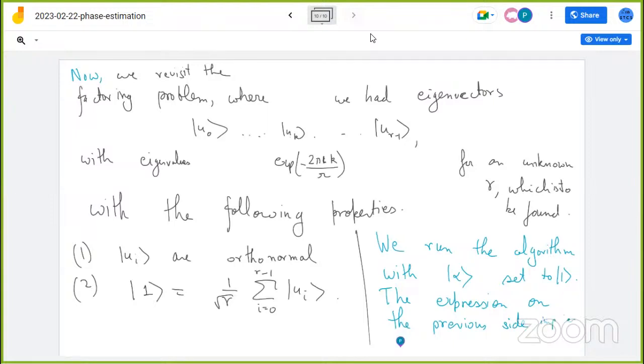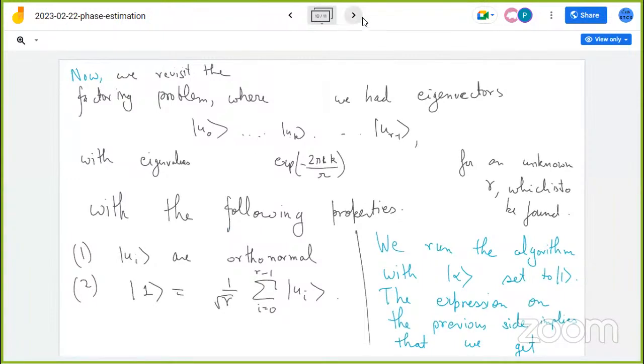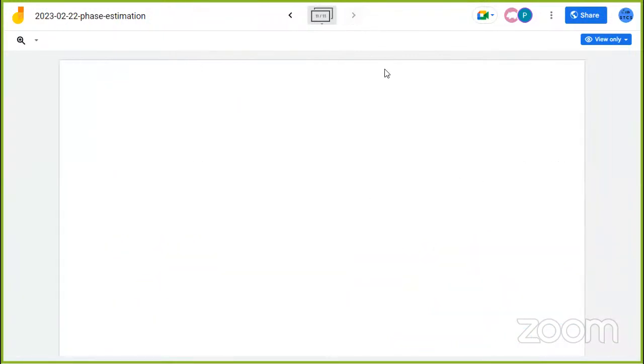Place that we get in each run of the algorithm.